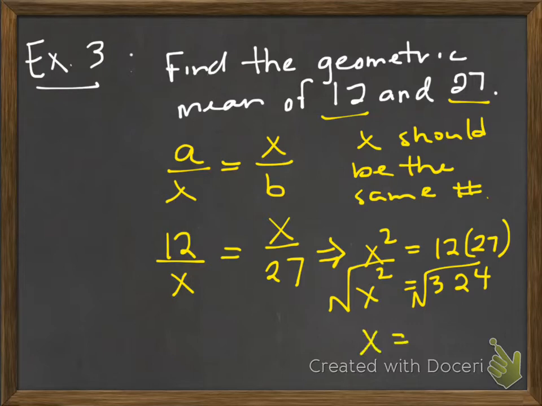And square root of 324 is 18. So the geometric mean there, between 12 and 27, is 18. Okay? Now, if I wanted to check something, I had 12 over 18 is equal to 18 over 27. Let's see if that's right.